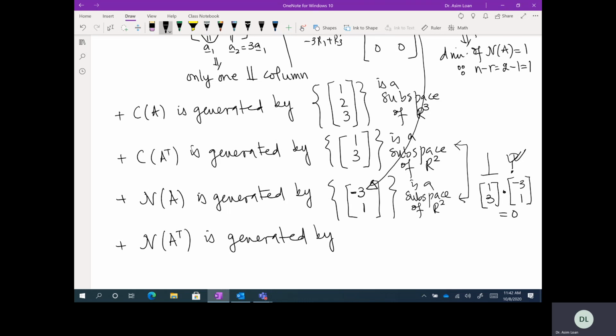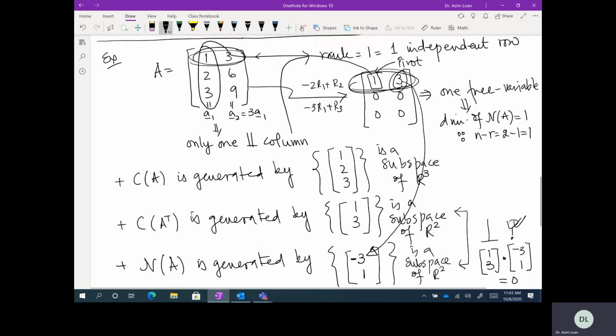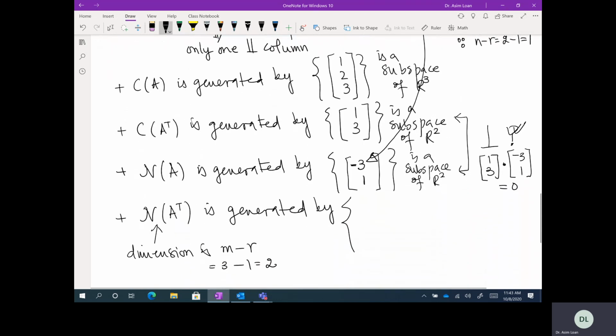Okay, and the left null space, the null space of A transpose, is generated by... and what is the dimension here? The dimension here is m minus r. M is 3, so it's 3 minus 1, which is equal to 2. So there are 2 vectors, and these 2 vectors are actually three-dimensional.